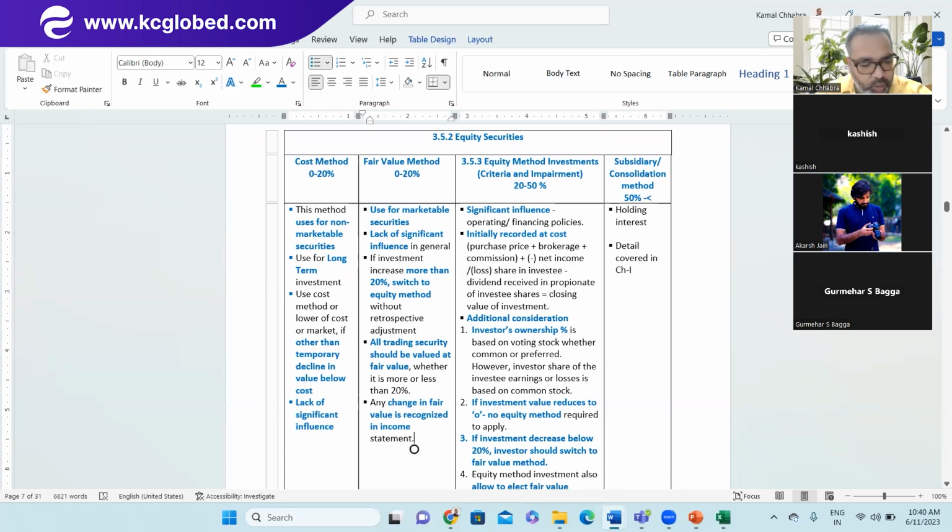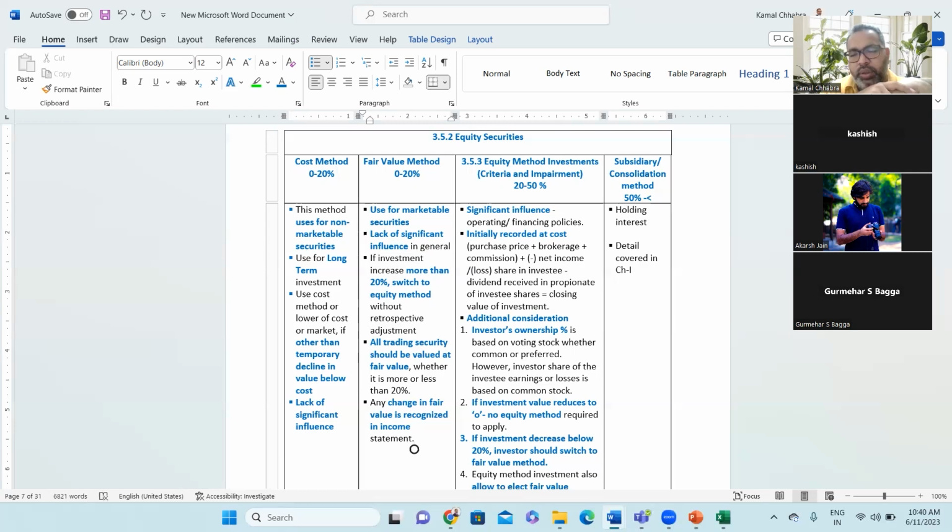How do we identify fair value? As per the market price: the price at which securities are being traded in the market should be the market fair value. Absolutely right.